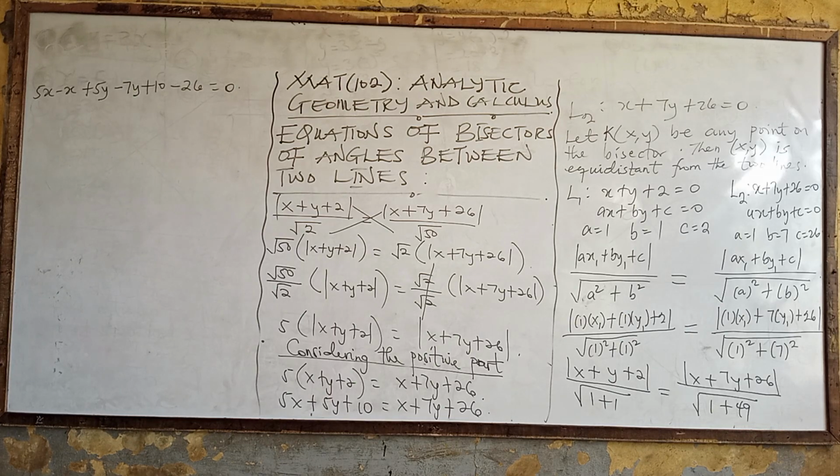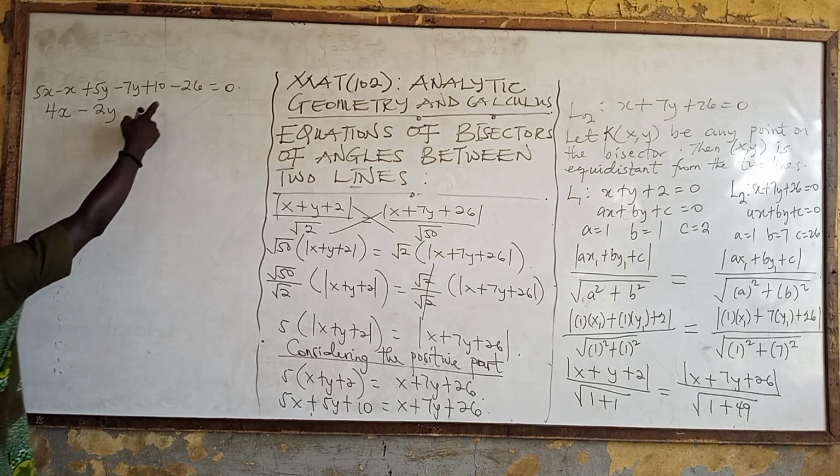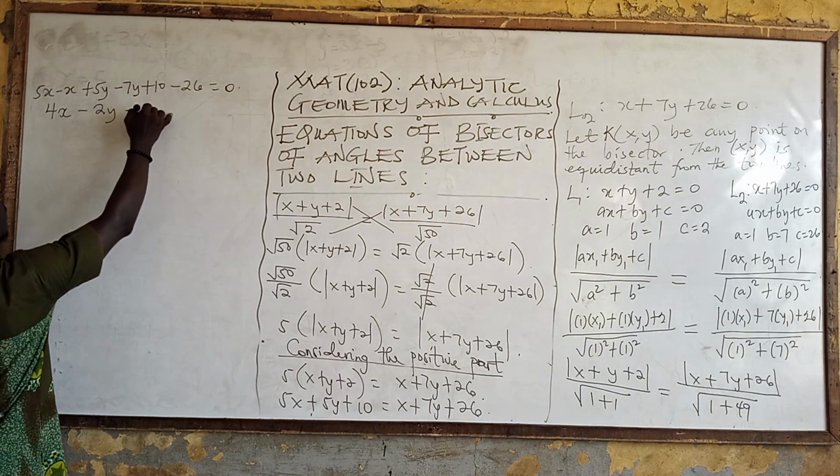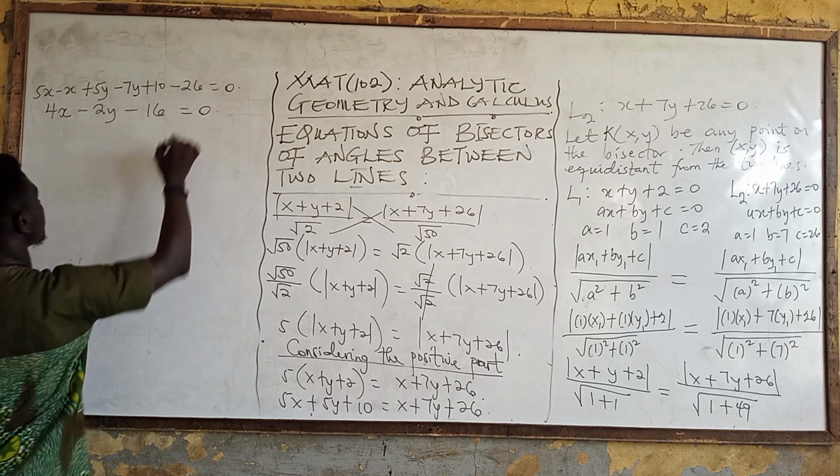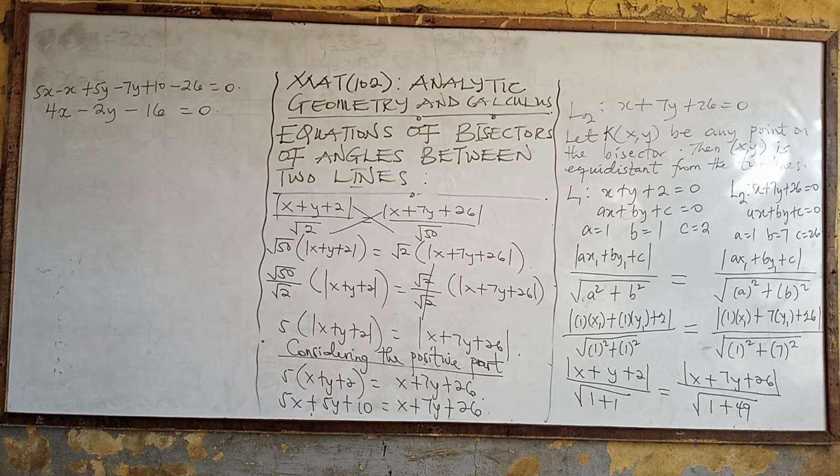So 5x minus x will obtain 4x. Then here we have negative 2y. Then here we get negative 16 being equal to 0. So we have this 4x minus 2y minus 16 equals 0. So that's one equation of the bisector, which is 4x minus 2y minus 16 equals 0.